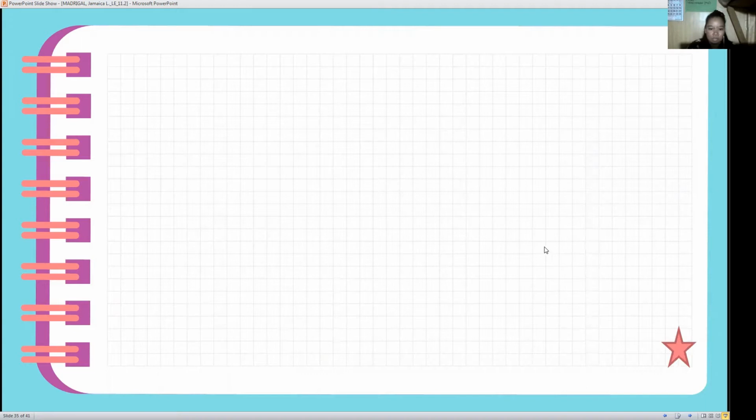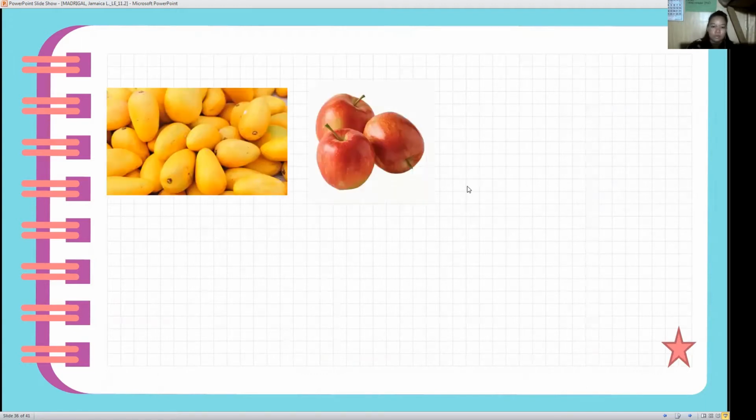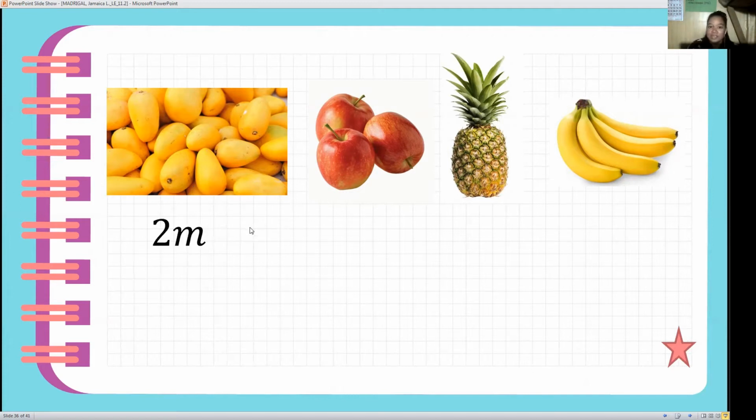You want 2 kilos of mango, 3 pieces of apples, then 1 whole piece of pineapple, then a bunch of bananas. So, before checking the price, you might construct a simple polynomial, letting M denote the mango. So we have 2M because we have 2 kilos of mangoes.